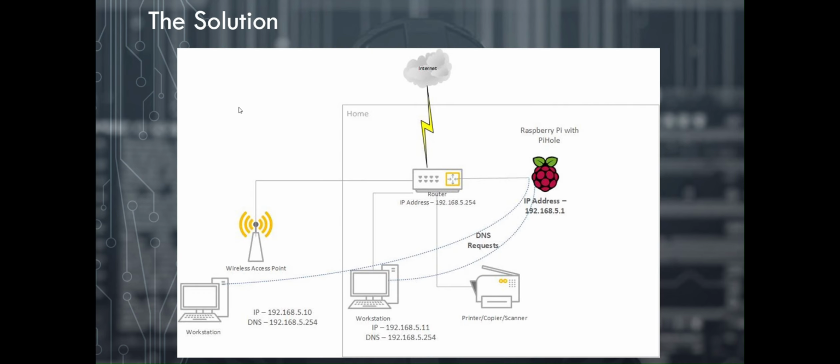So the solution is, using a simple Raspberry Pi, we can install this software called Pi-hole. The Pi-hole is open source. It acts as a local DNS server for all your internal workstations. And it has a list of allowed domains. You can have custom blocks as well.